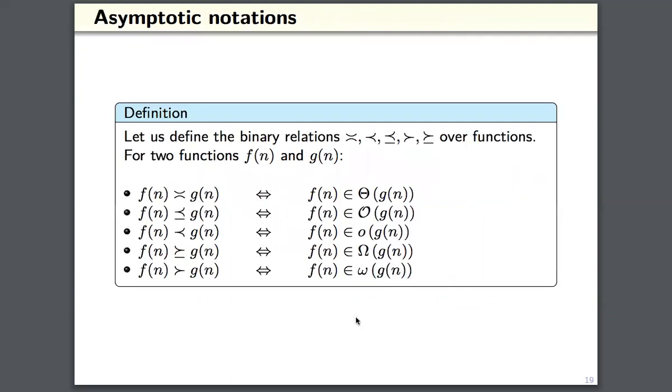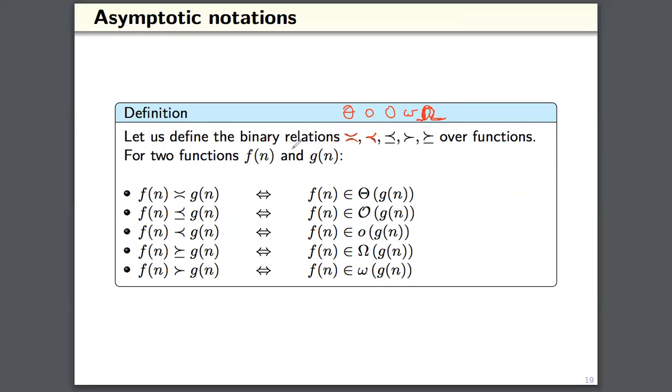Okay, so here are some asymptotic notations. Let's define these notations. Theta means asymptotically equal. Asymptotically less than is small o, less than or equal to is big O, greater than is small omega, and greater than or equal to is big omega.